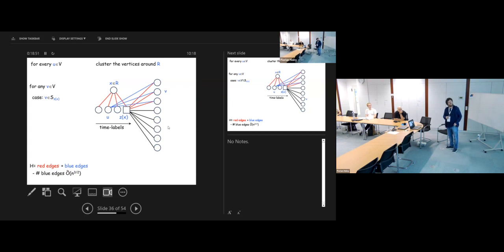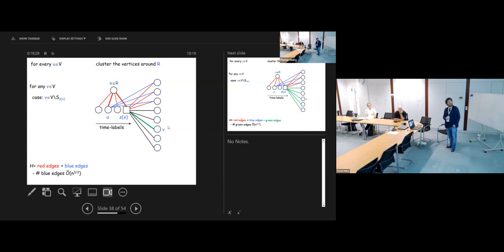And the last case is when V is not a red neighbor of the special vertex Z. Then it means that V must appear here somehow. For instance, V could be this vertex. In this case, we use this path. This must be temporal because this is not a red edge for Z, but this is, so by the ordering we used to choose the red edges, the time label of the green edge must be larger than or equal to the time label of this one.